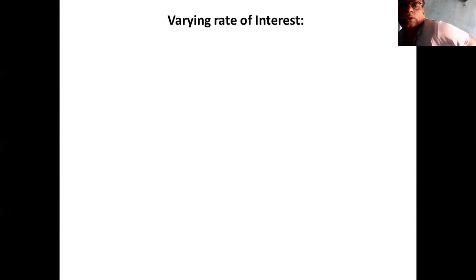Okay, in the previous class, I was explaining about varying rate of interest. What is varying rate of interest?